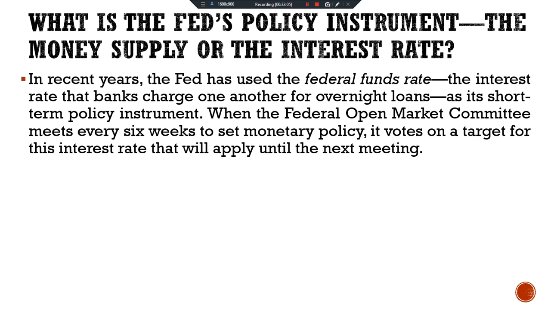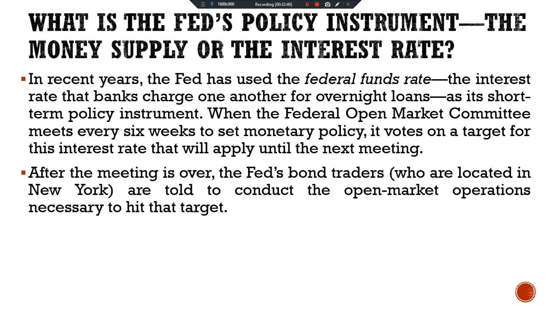In recent years, the Fed, the US central bank, has used the federal funds rate, the interest rate that banks charge one another for overnight loans, as its short-run policy instrument. When the Federal Open Market Committee meets every 6 weeks to set monetary policy, it votes on a target for this interest rate that will apply until the next meeting.